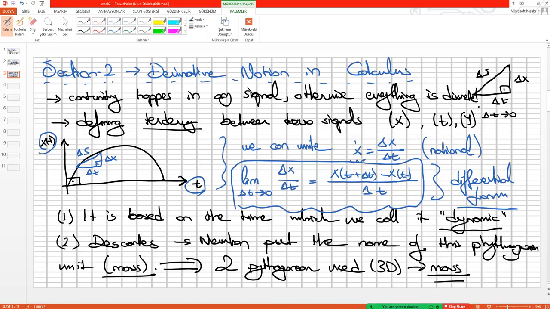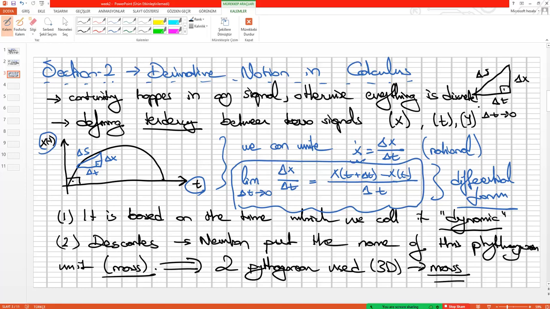It's the base energy, because the Pythagorean is a mathematically based energy. And then he found out that this mass is directly derived from the Pythagorean triangle. This triangle also enables us to condition the mass under some dynamics.